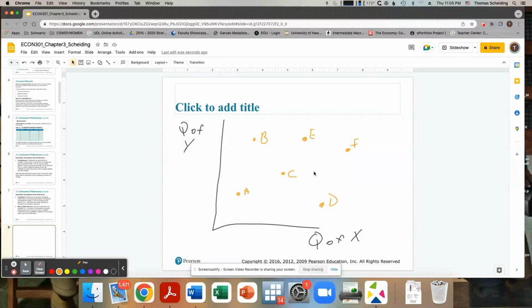Now, what we know, based on the assumptions, is that each of these bundles have a relationship with each other. My first question would be, what is the relationship between A and B?